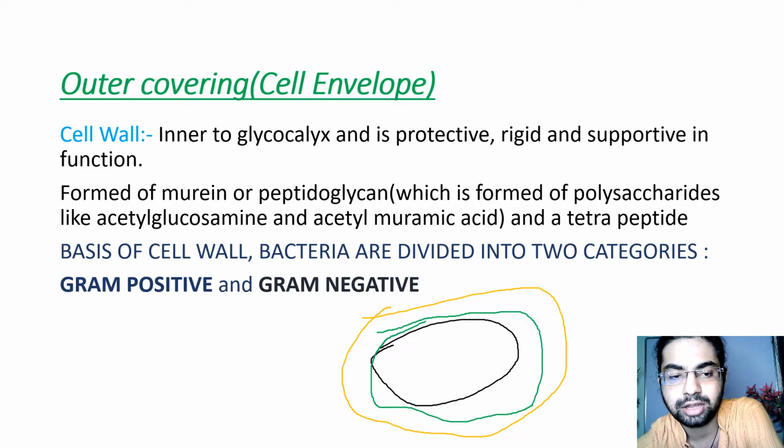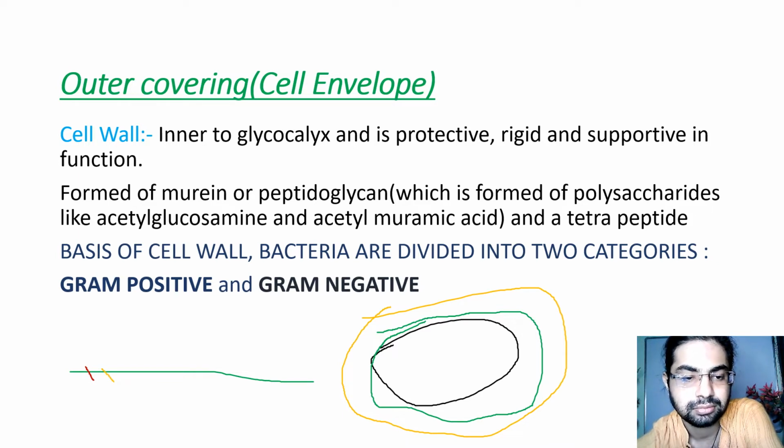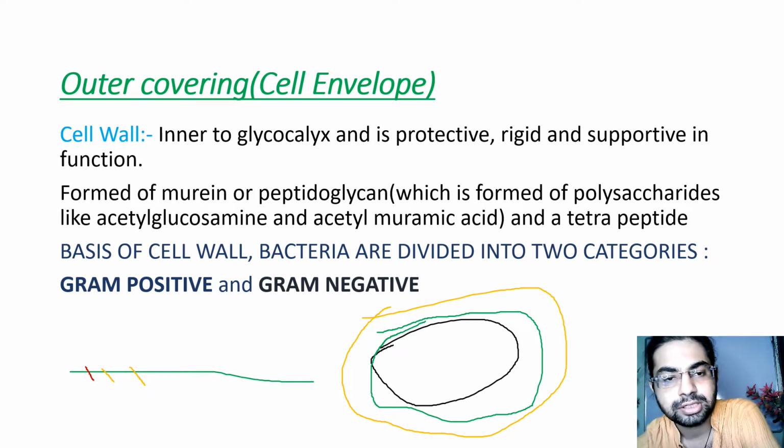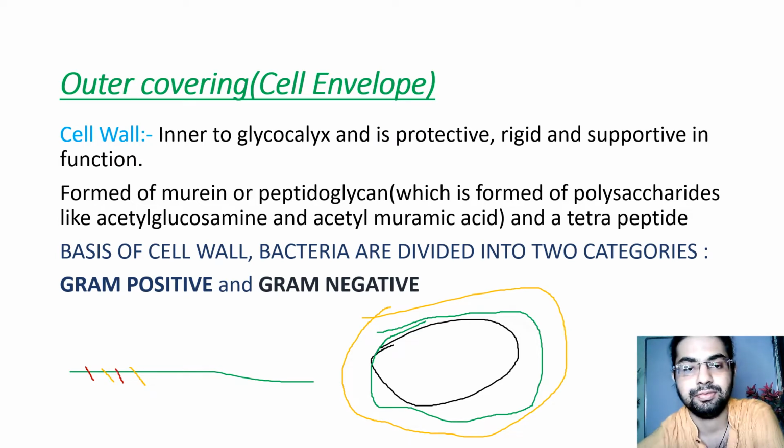So this cell wall, let's consider this as a cell wall, is formed of polysaccharides of acetyl glucosamine and acetyl muramic acid. Based on the cell wall, bacteria are further classified as gram positive and gram negative.